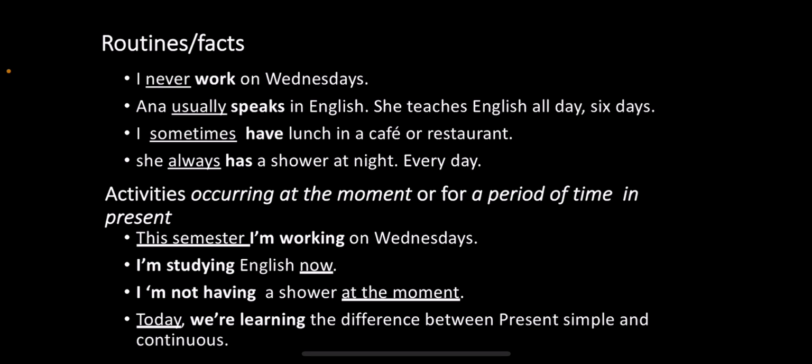So every time you see an adverb of frequency in a sentence, you know that the sentence is present simple. Because most of the time, we only use adverbs of frequency with present simple. It's not common to use adverbs of frequency with continuous forms or any other tenses.